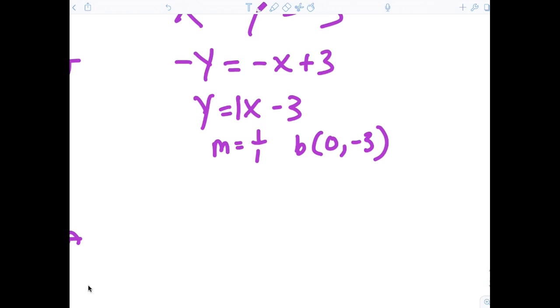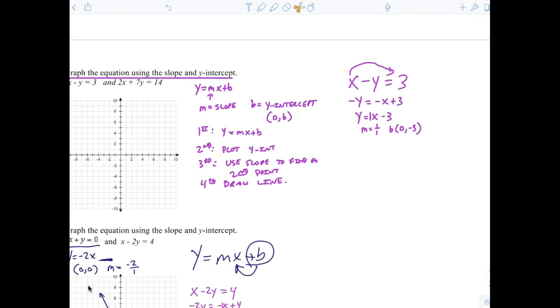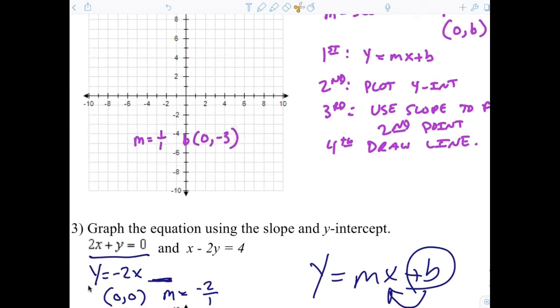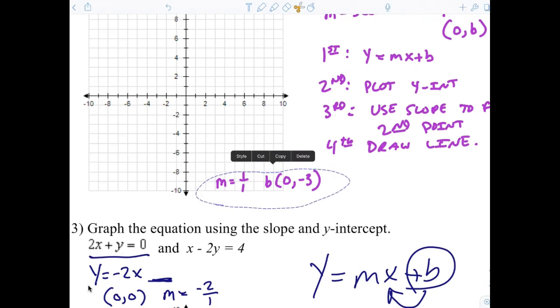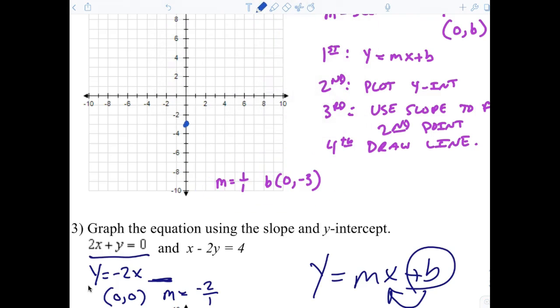Now we're going to graph this. So I'm graphing (0, negative 3). Everybody graph (0, negative 3). And then I have to do what? From there, I use the slope. What's the slope?